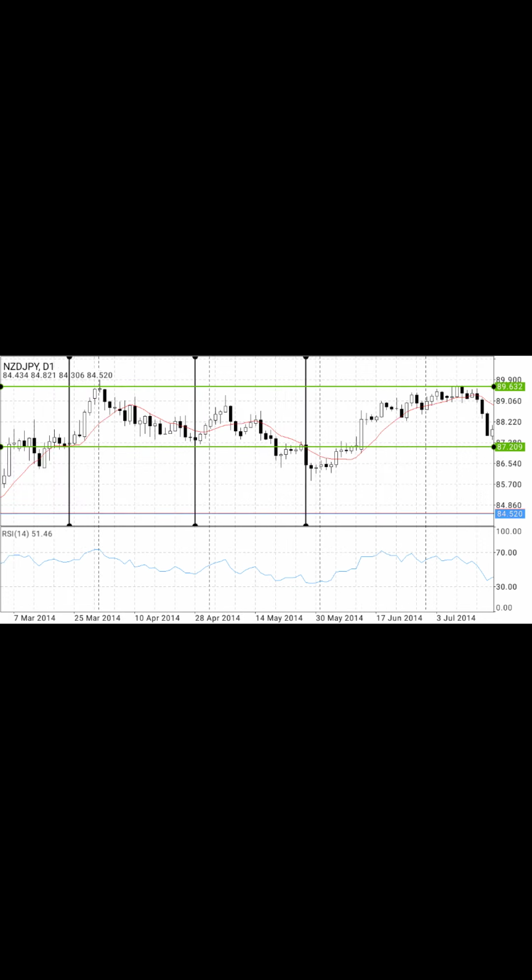So from the price that broke above the resistance, it's created a new resistance, and this new resistance has been reinforced twice. So let's highlight that.